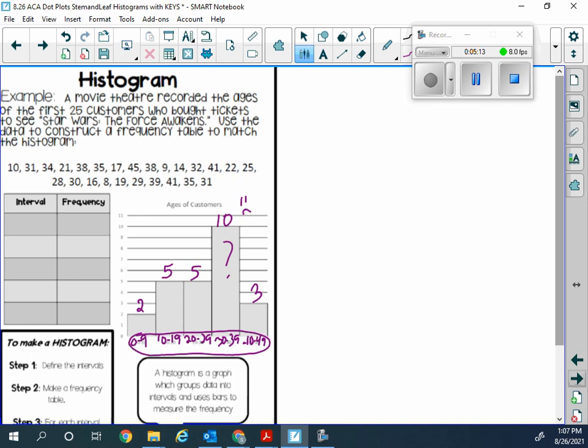The only way to know that is by looking at the actual data, okay? So now let's go ahead and look at this actual data and make a frequency table. A frequency table lists the intervals just like the histogram does. So 0 to 9, 10 to 19, 20 to 29, okay, and so on.